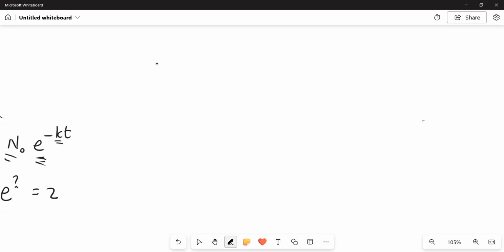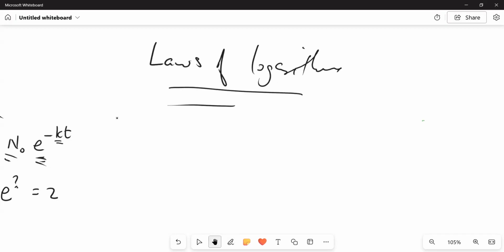They have what you call the laws of logarithms, right? The laws of logarithms. And they're very similar to the laws of indices, right?